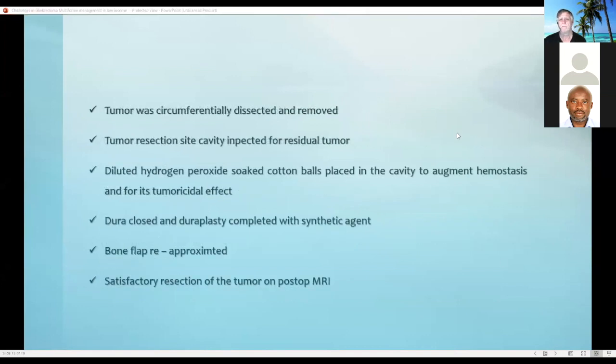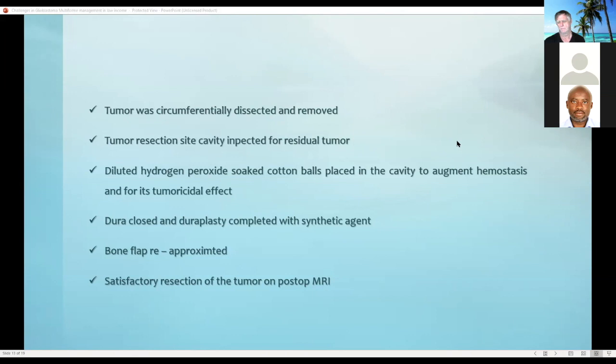So the tumor was circumferentially dissected and removed. The tumor resection cavity was inspected for residual tumor, and by this inspection, we saw that all the tumor was resected and removed. So we placed a dilute hydrogen peroxide soaked cotton ball in the cavity to augment the hemostasis, and also to have a residual tumor effect.